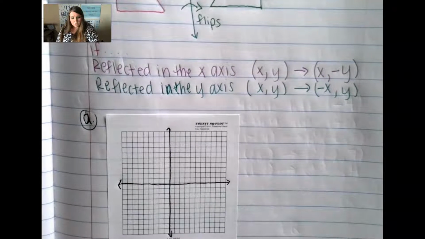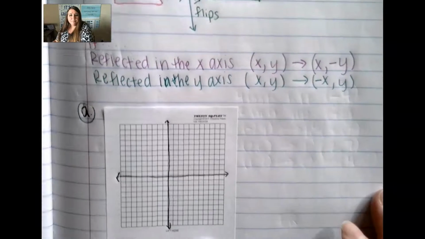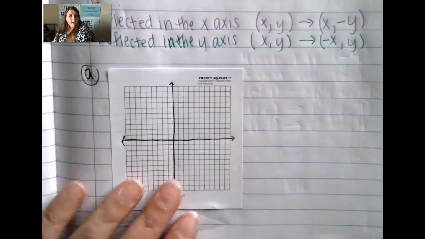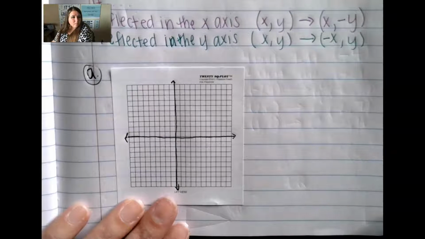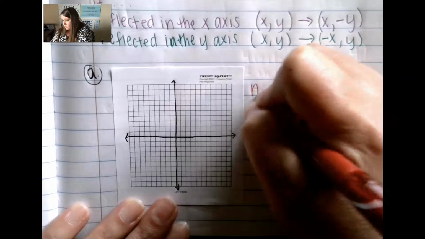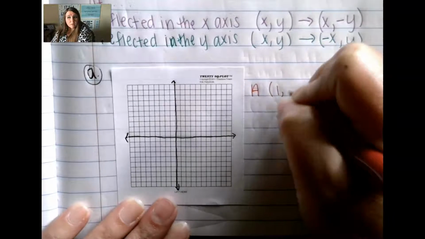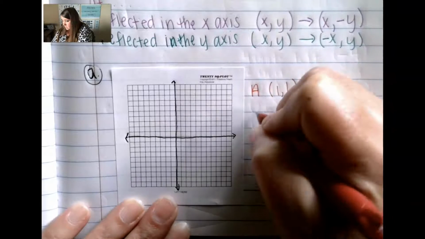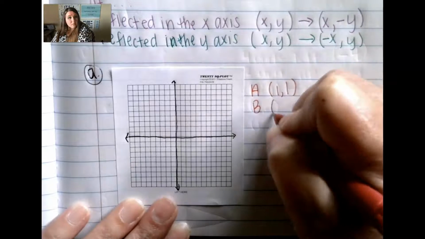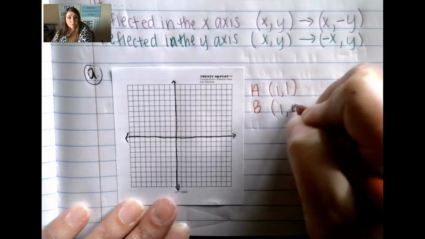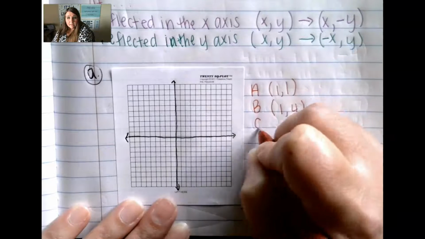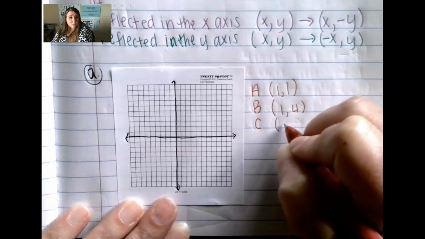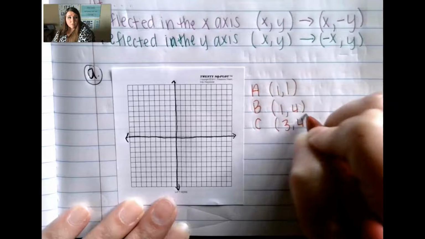So the very first triangle we're going to start with has A at 1, 1, B at 1, 4, and C at 3, 4.